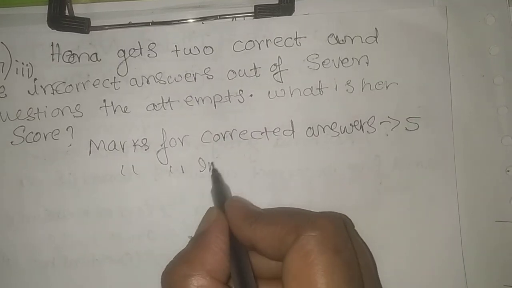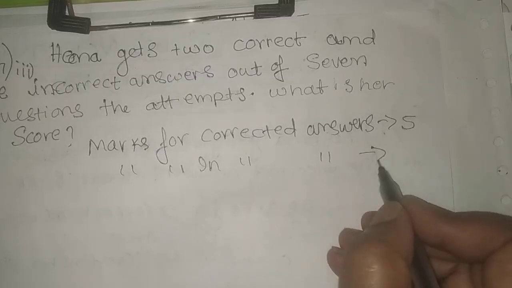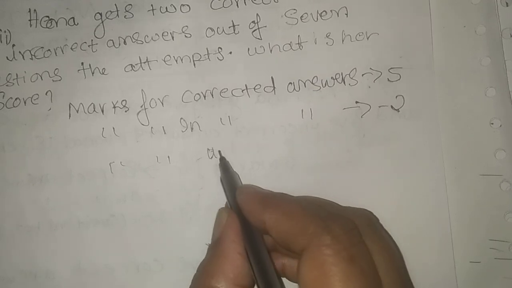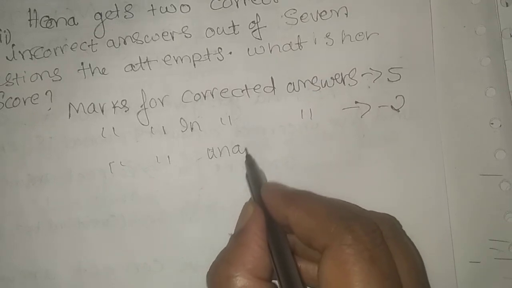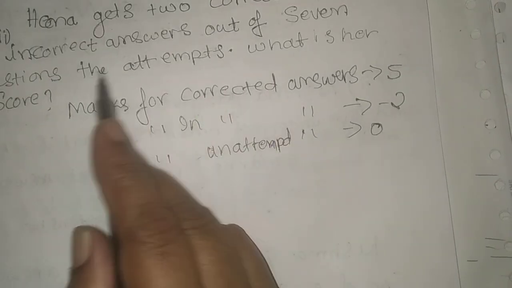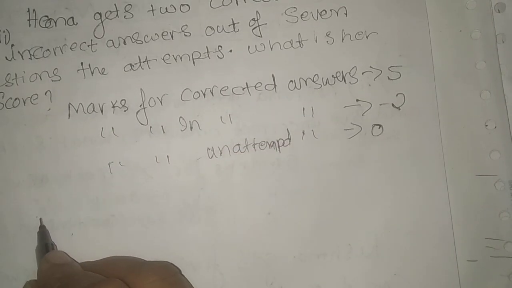Marks for incorrect answers is equal to -2. Marks for unattempted questions will be 0. So now Ina gets 2 correct answers and 5 incorrect answers.